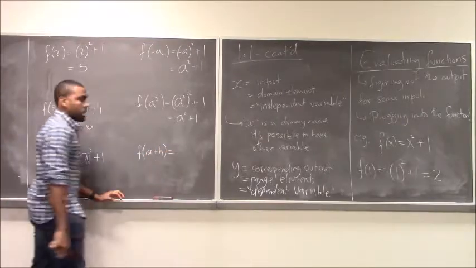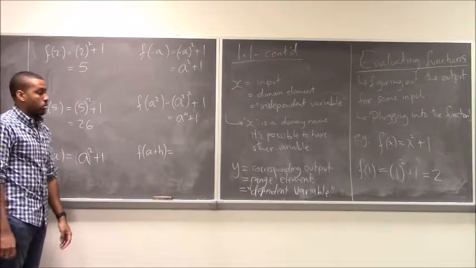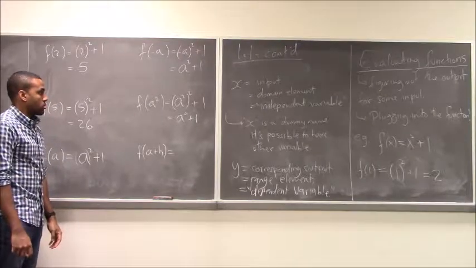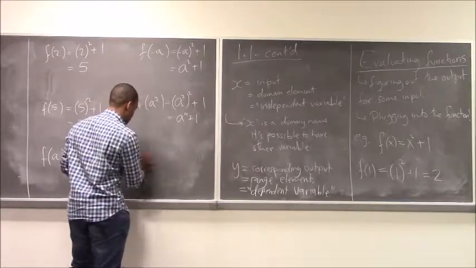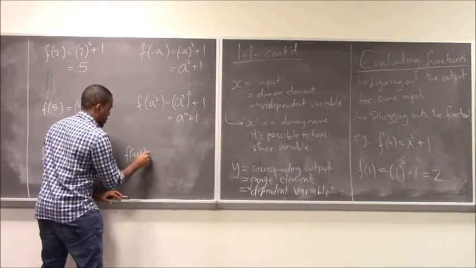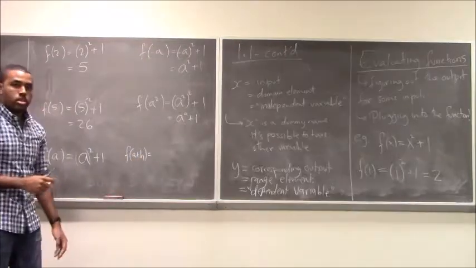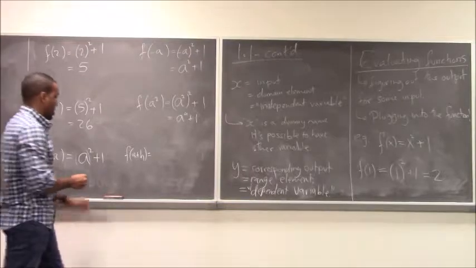What about a plus h? A squared plus 2ah plus h squared plus 1. Okay, you're skipping ahead too far. Come on, slow down. A plus h. What did you do? What was your first step? So like substitute the x with a plus h.